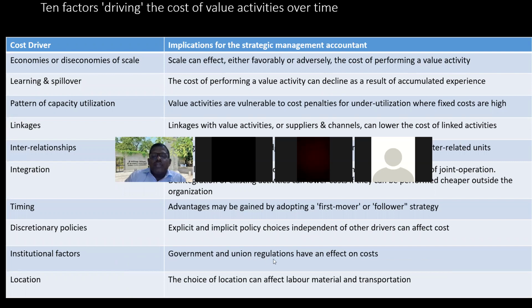Institutional factors: government and union regulators have an effect on cost, of course. Government may force certain rules. For example, from the budget, they are proposing budget allowances for employees. I think now the budget allowance is 500 rupees or 7,800. Each organization should provide that budget allowance.